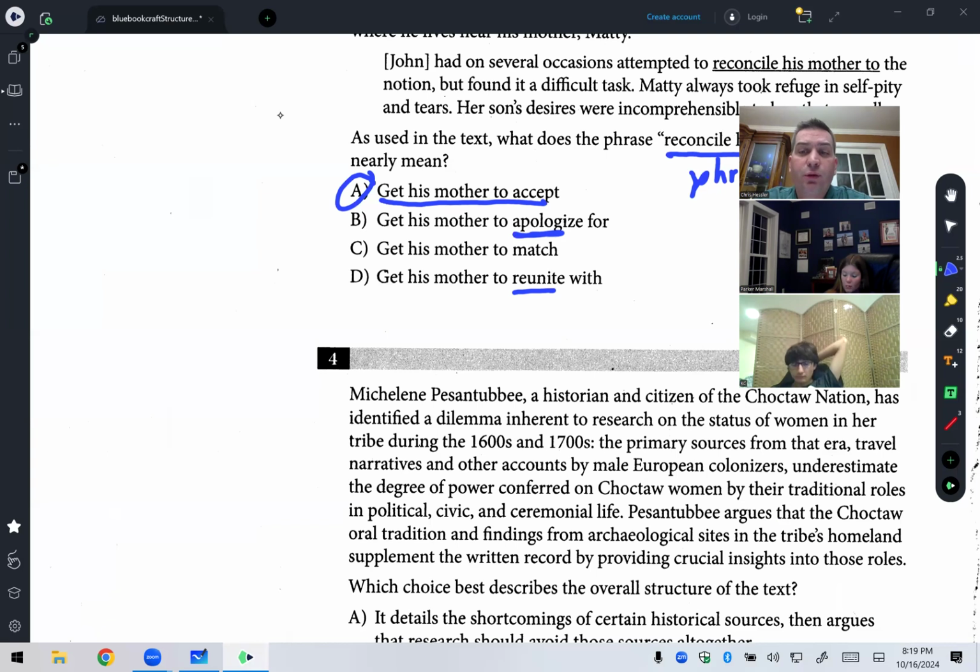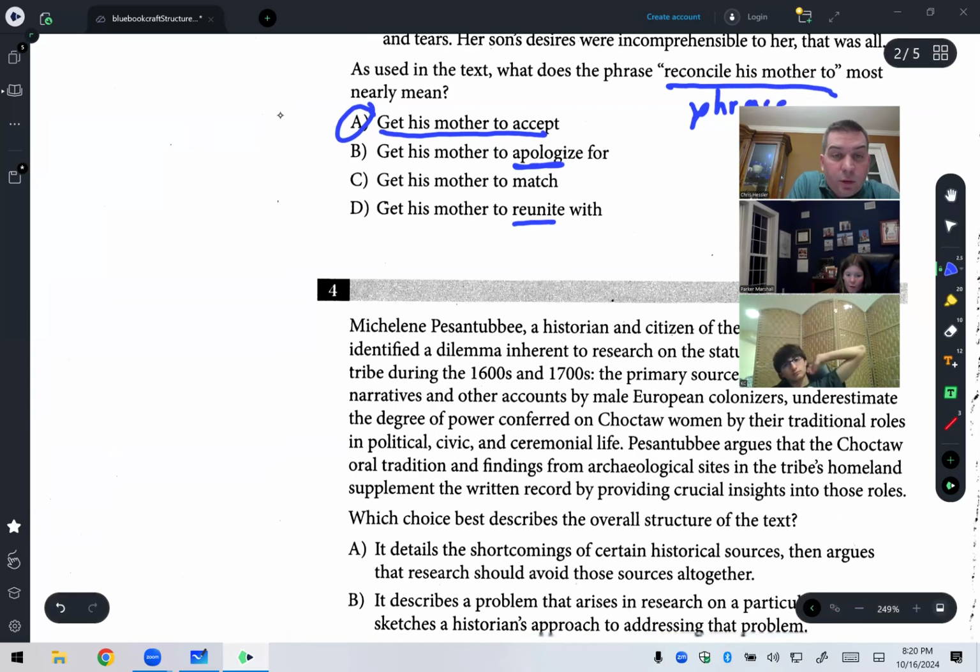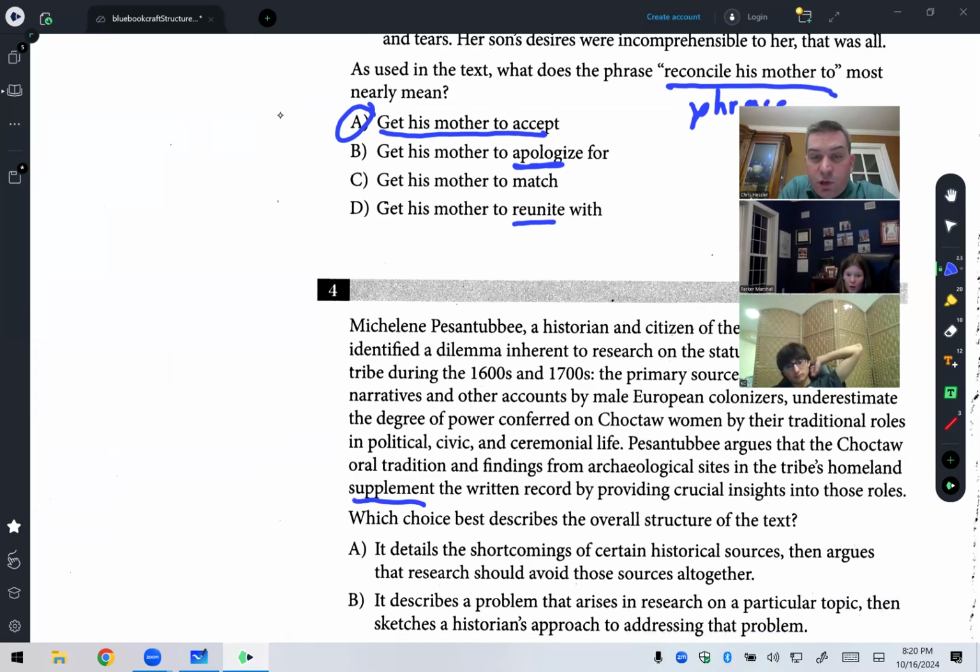The primary sources from that era, travel narratives and other accounts by male European colonizers, underestimate the degree of power conferred on Choctaw women by their traditional roles in political, civic, and ceremonial life. Pesantubbee argues that the Choctaw oral tradition and findings from archaeological sites in the tribe's homeland supplement the written record by providing crucial insights into those roles. All right. So which choice best describes the overall structure of the text?